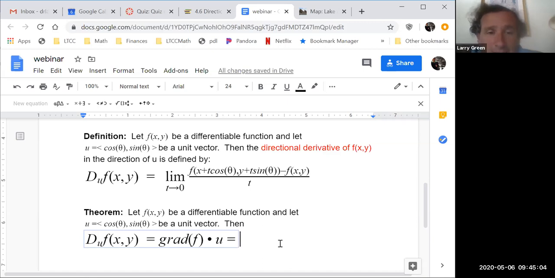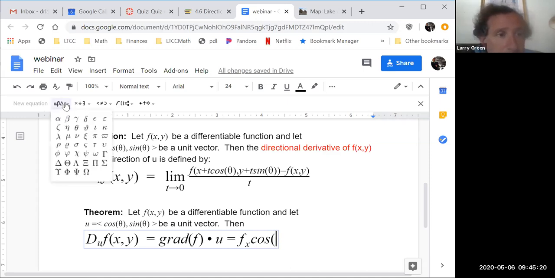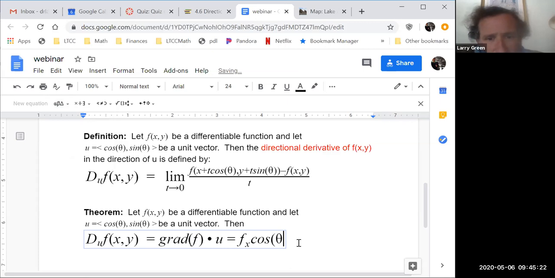Grad f dot u is f_x times cosine theta plus f_y times the sine of theta.